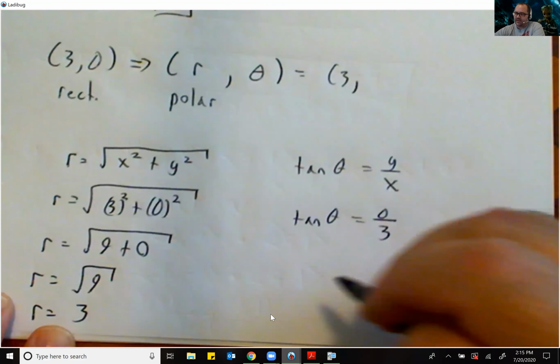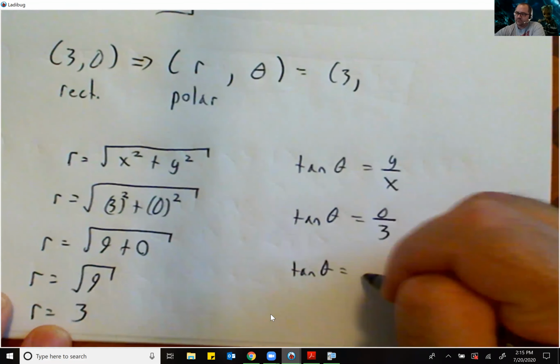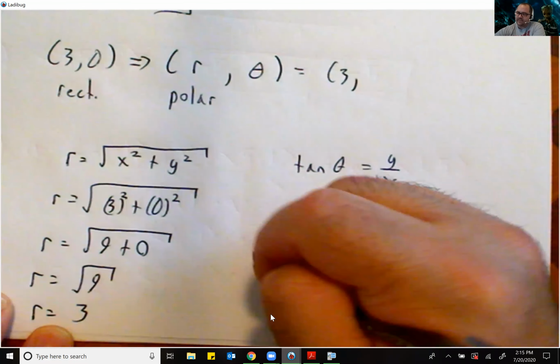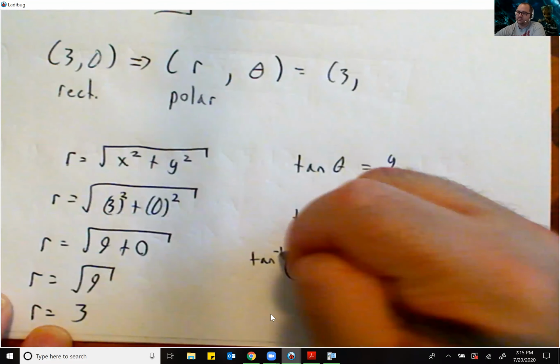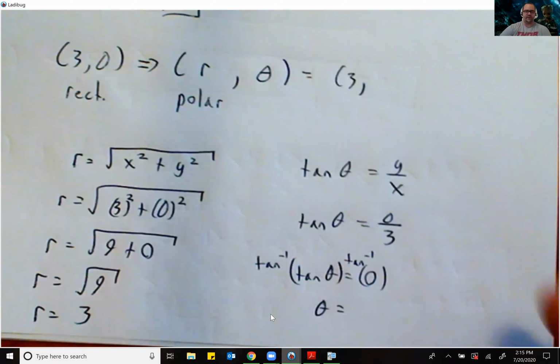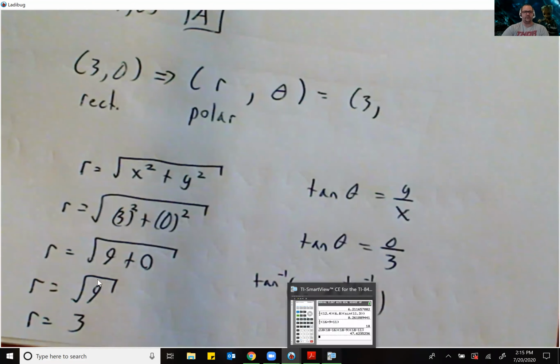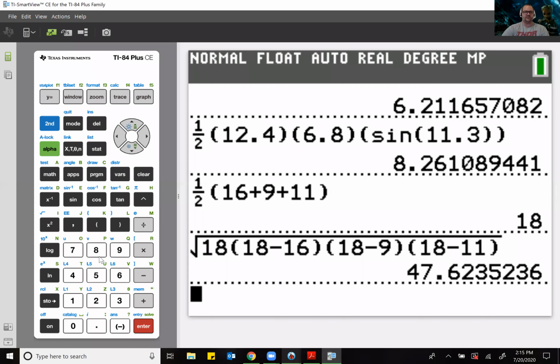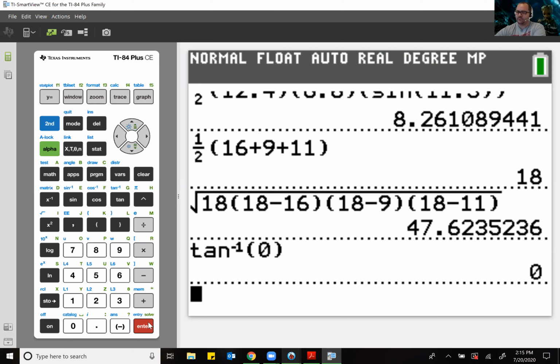So tangent theta is equal to 0. Take your inverse. Theta is equal to, so we go to our calculator, run second tangent inverse of 0, and the answer is 0.